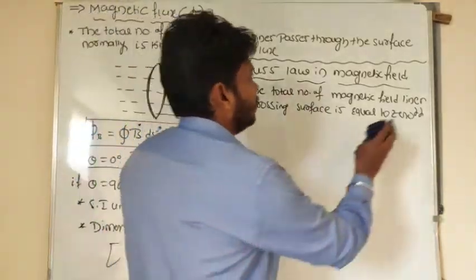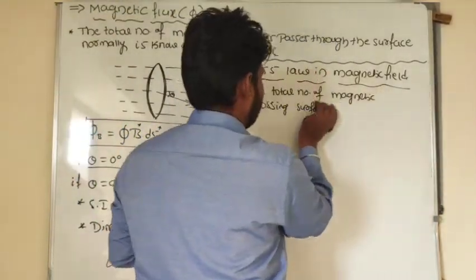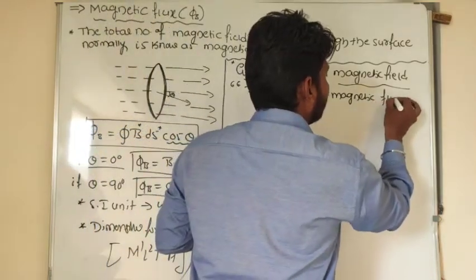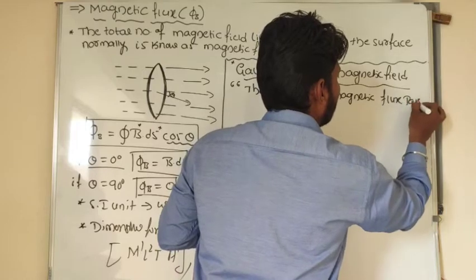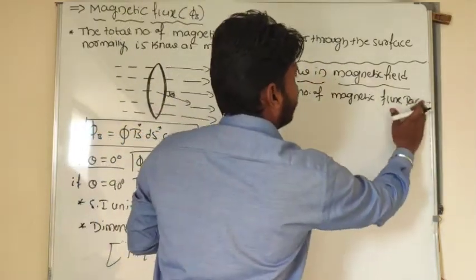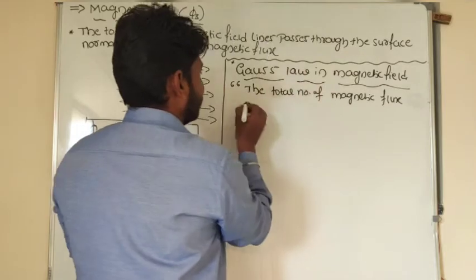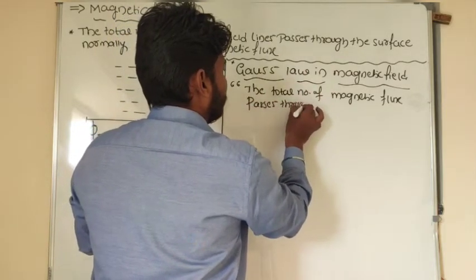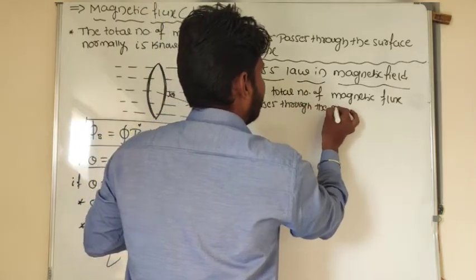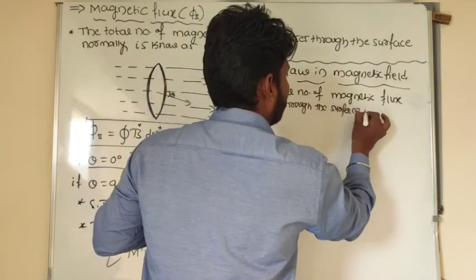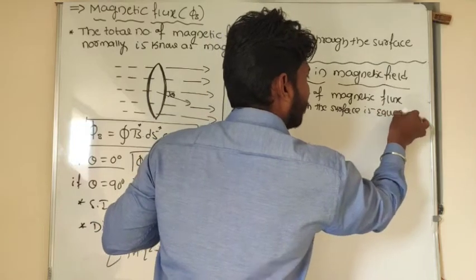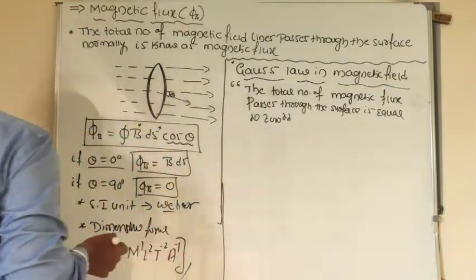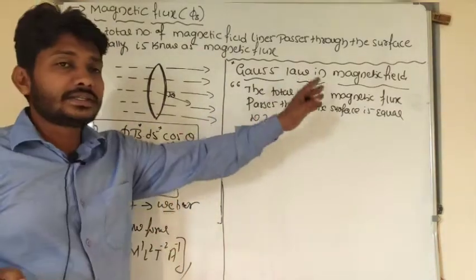So simply we can consider the total number of magnetic flux passes through the surface is equal to 0.